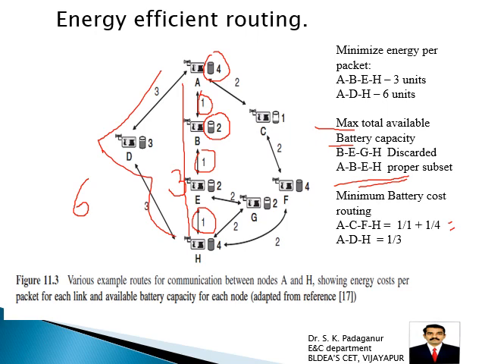Here we have to see the intermediate nodes and the reciprocal of their capacity. The battery capacity of C is 1 and of F is 4, so it is 1 by 1, then 1 by 4. You add them and you get 1.25.